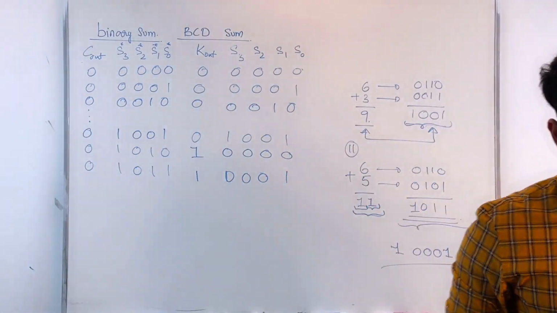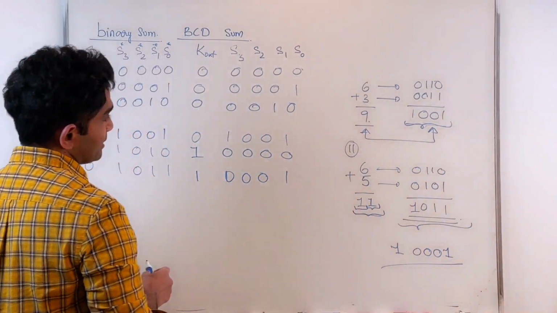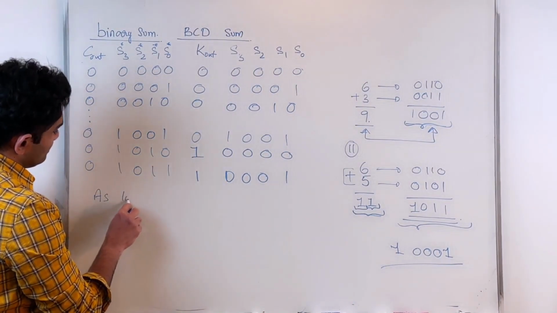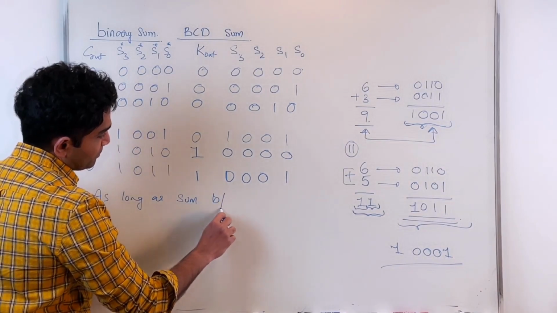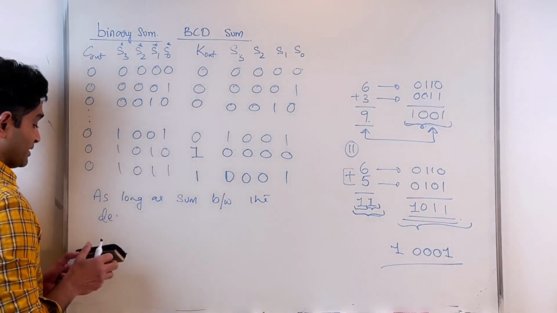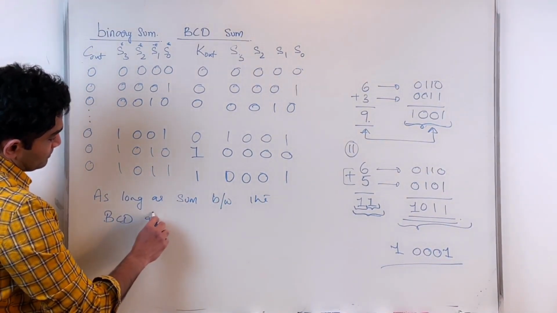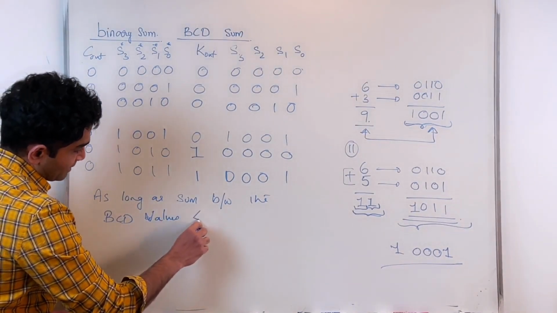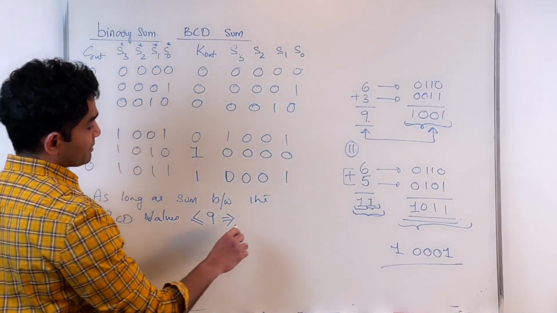Do you see that pattern now? As long as my sum between the decimal digits or binary coded decimal digits, call that the same thing, values is less than or equal to 9, it implies my binary sum is in the right format.